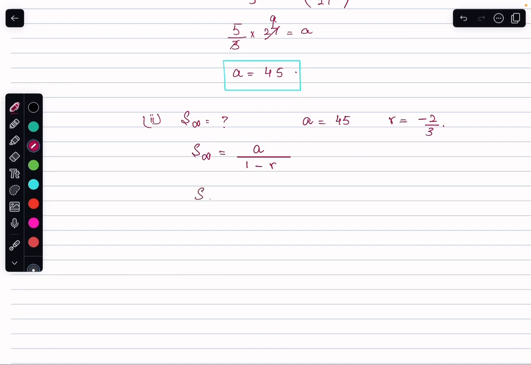So the sum to infinity shall be 45 divided by 1 minus negative 2 by 3, or 45 divided by 5 by 3, or 45 into 3 by 5, and simplifying the work, I should say it's equal to 27. So the sum to infinity becomes 27 here.